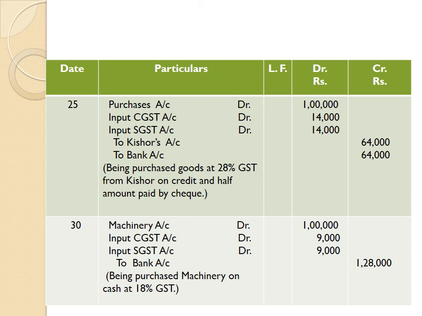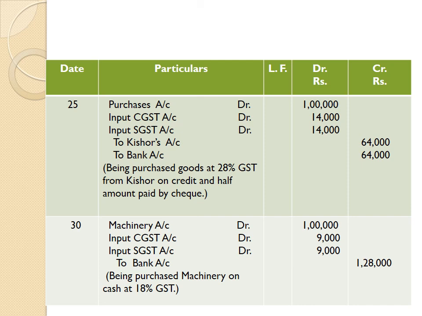Here machinery is capital expenditure made by us, machinery purchased, so machinery account debit, machinery is of 1 lakh, 18% GST on it, total GST 18,000. This 18,000 has been divided into two parts, central and state. For center 9,000, for state 9,000.